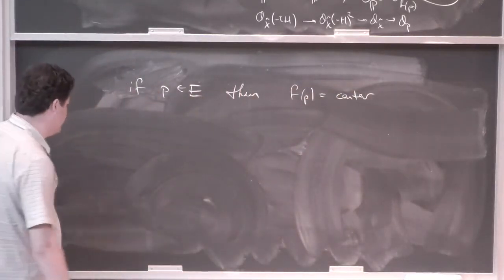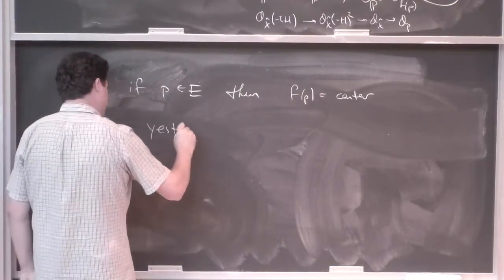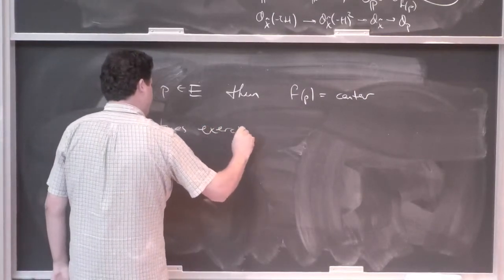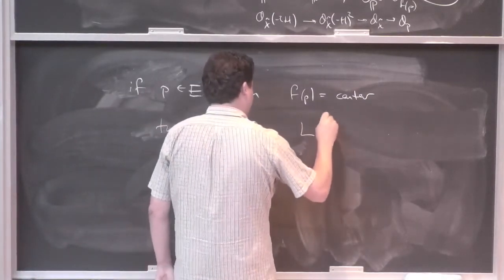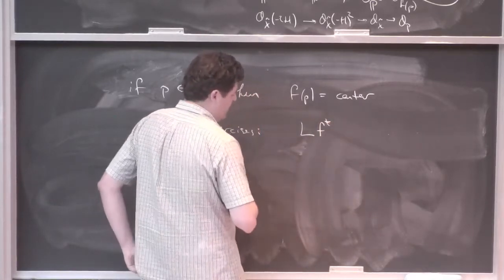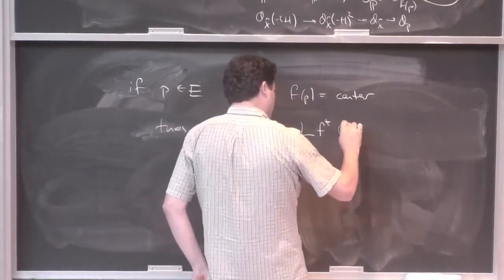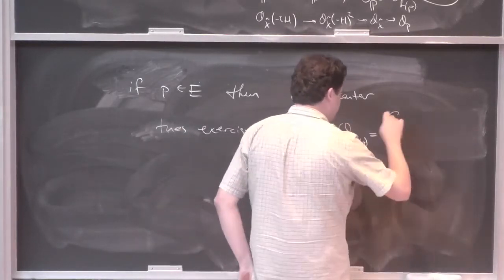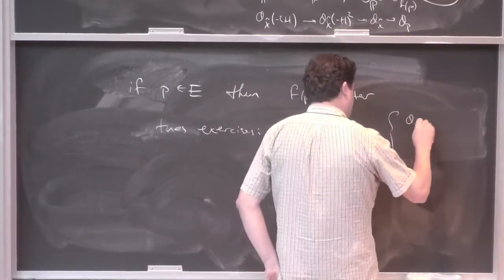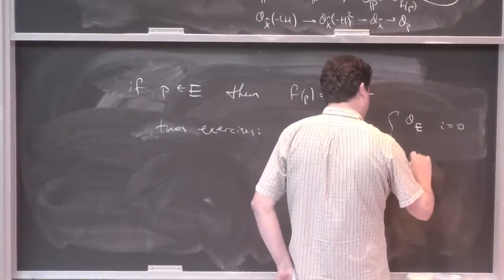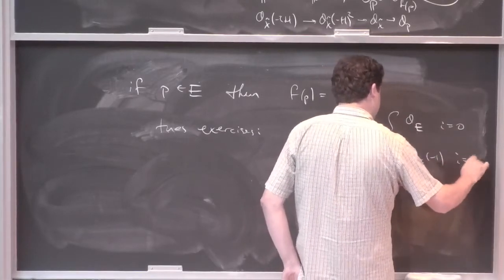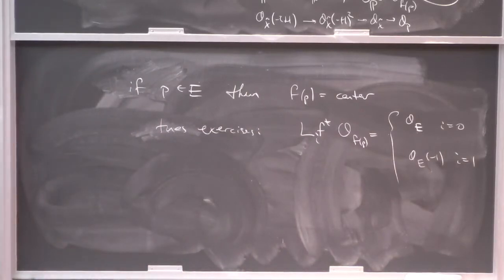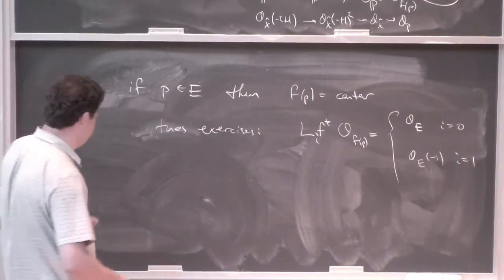And so yesterday in the exercises, or 2 days ago, you saw that Lf^* of O_{f(p)} has two cohomology sheaves: one is O_E if i is 0, and O_E(-1) if i is 1. I was preparing this and I thought, man, I don't want to do this calculation. And then I remembered that I'd already made you do it.